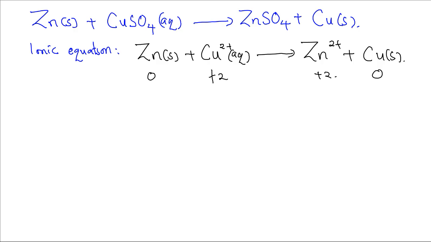Again, we have also realized that there is some kind of exchange of ion, and that is only possible because zinc is able to displace copper from its ion, and that is why the zinc solid picks the sulfate ion and it leads to formation of zinc sulfate as the copper 2 ions are reduced to copper solid.